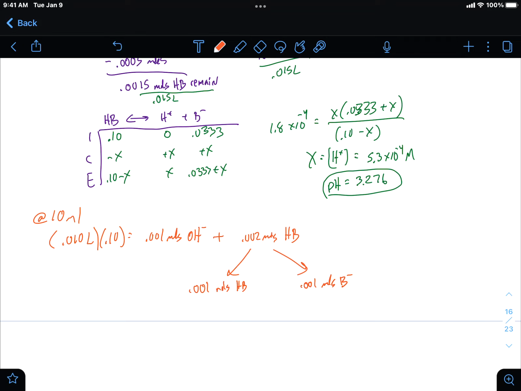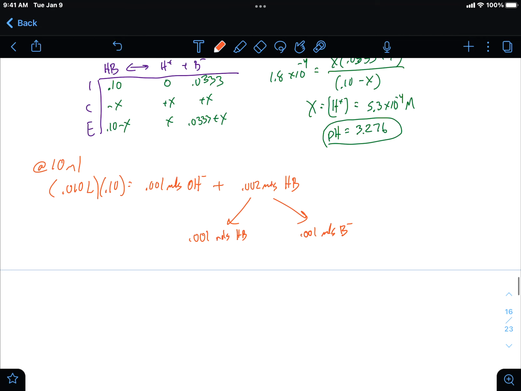That's how many moles of weak acid there were in the beaker when we started this whole process. By adding 0.001 moles of OH minus to this point, we have enough strong base to neutralize half of our original weak acid sample. If we neutralize half of it, that means the half that was neutralized has been converted into a conjugate base. And now I have equal moles of both parts.